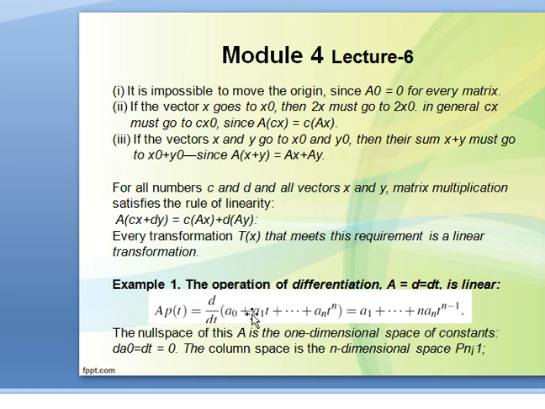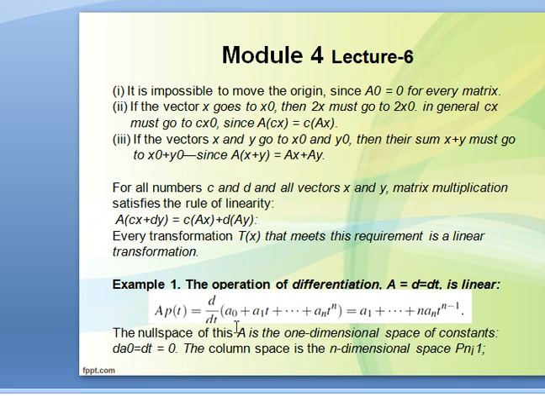Differentiation of a0 is 0, the differentiation of a1t is a1, since the differentiation of t is 1. Likewise, when we differentiate all these terms, the first one gets cancelled, and we get a1 plus 2a2t and so on.